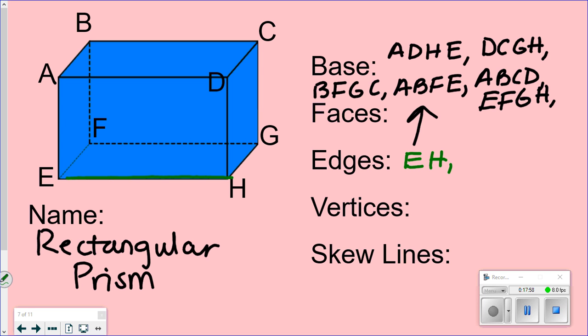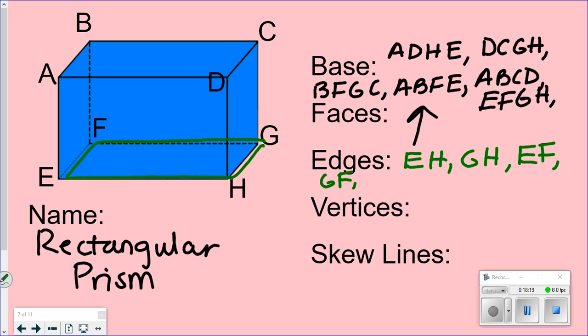Yep, GH. What else we got? EF, GF, yep. So let's write both of them. EF, and then GF.